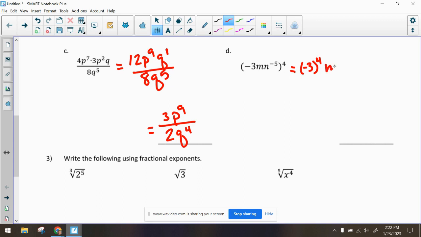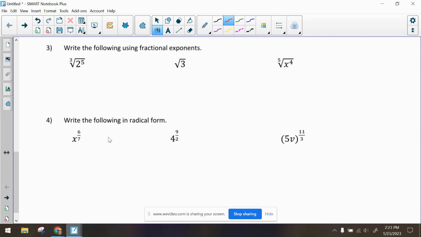But then it's going to get m to the 4th, n to the -20th. -3 to the 4th is going to be a positive number. It's going to give you positive 81. And then finally, to make our answer complete, we need to swing this n to the -20th to the bottom to give us 81 m to the 4th over n to the 20th.